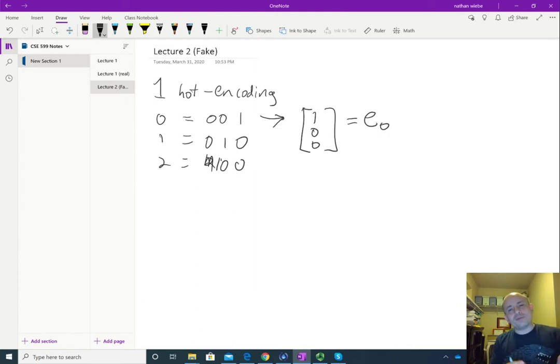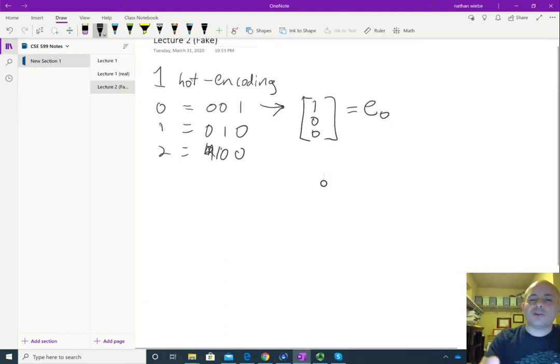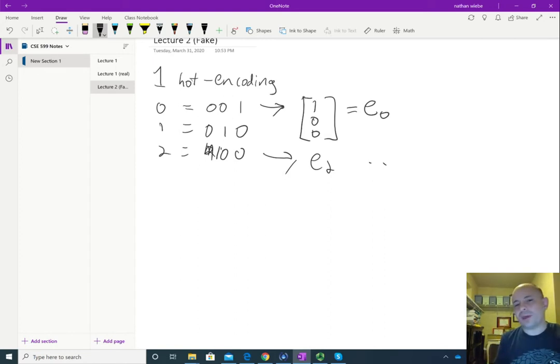But now that we've spent a little bit of time with this formalism, I'd like to introduce a little bit more language on top of it. These unit vectors, E0, E1, and so on, are all orthogonal and they form a basis.